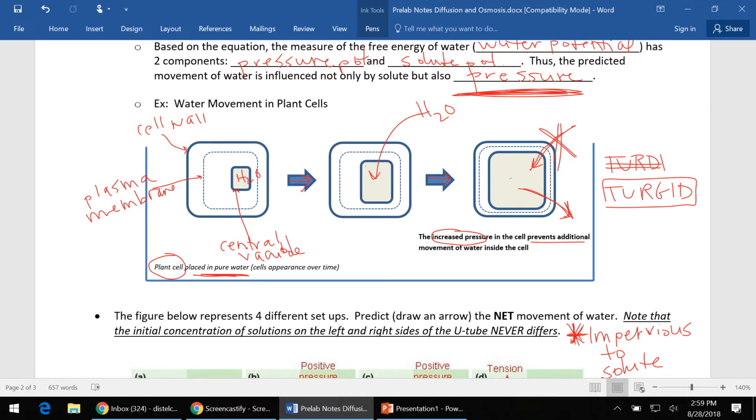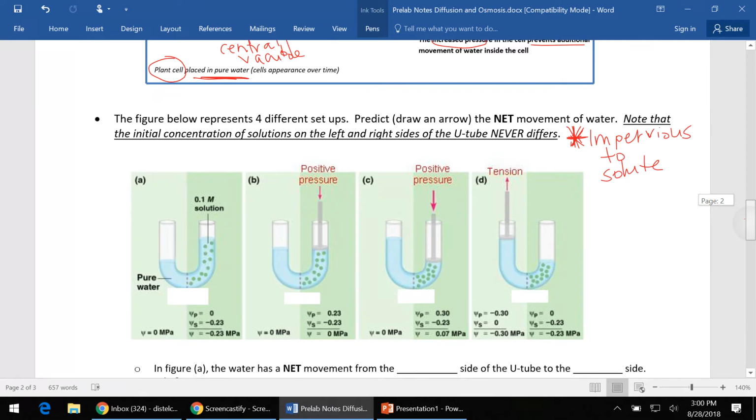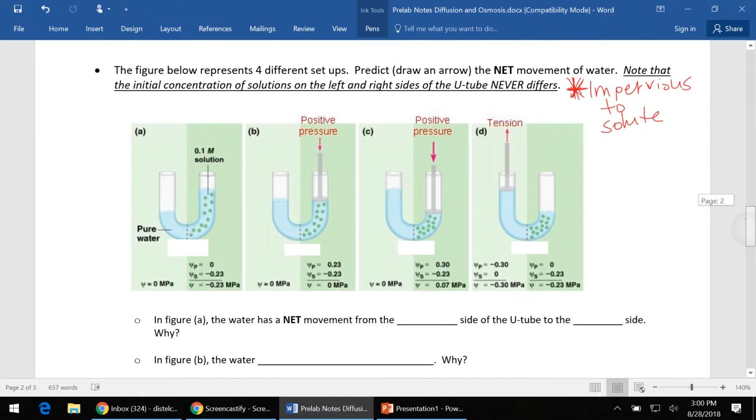In this case, expanding the cell, making it turgid, making it plump up. So this potential in water potential is referring to that capacity, the capacity of the water to do work. So if a solution has high water potential, that means that there's a high potential for that water to perform work.